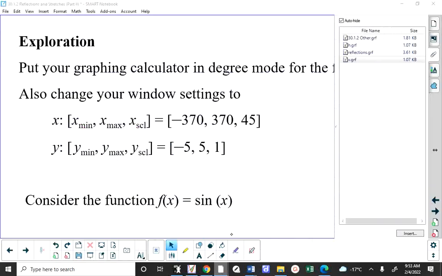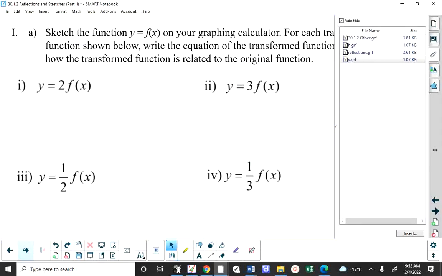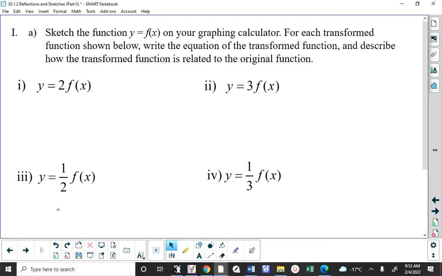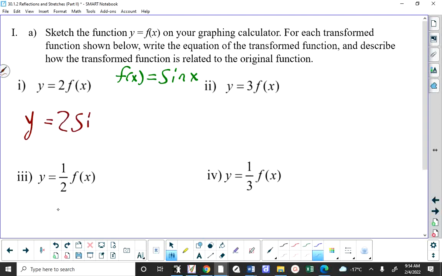And when we take a look at the first part of this exploration, it says sketch the function, so I've already done that. And then it says write the equation of all of these functions and find out how the original graph changes. So what's happening here with y equals 2f of x, if f of x is sine of x, then that means y equals 2f of x is y equals 2 sine of x.